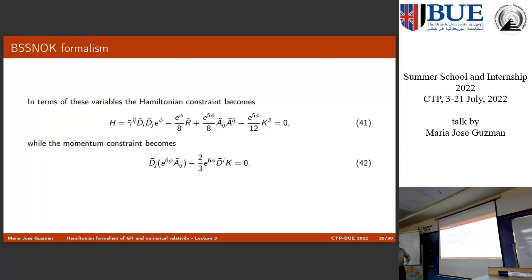And then I go for rewriting my constraints. For the Hamiltonian constraint, I use all this redefinition with conformal factors. I rewrite the Hamiltonian constraint, and I also write the momentum constraint in a different way.